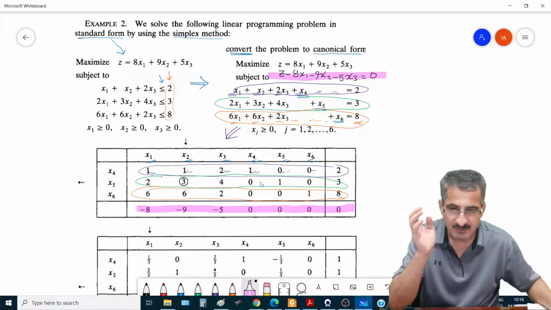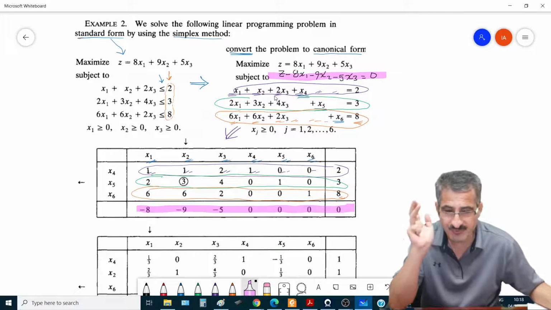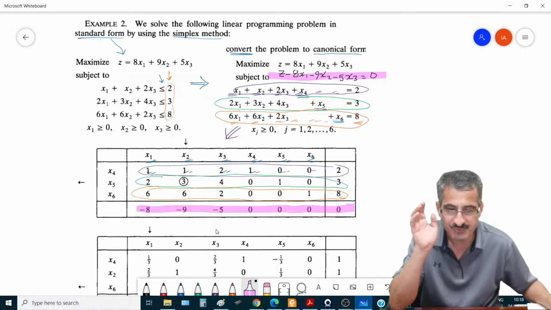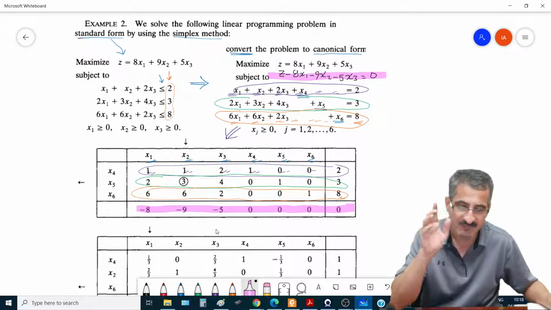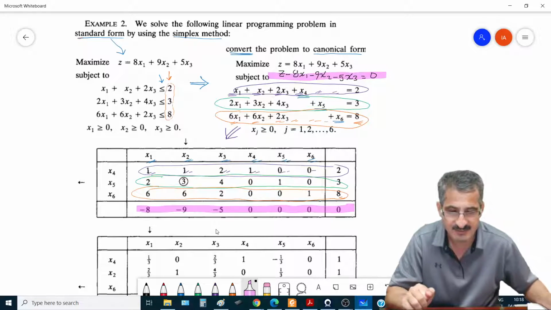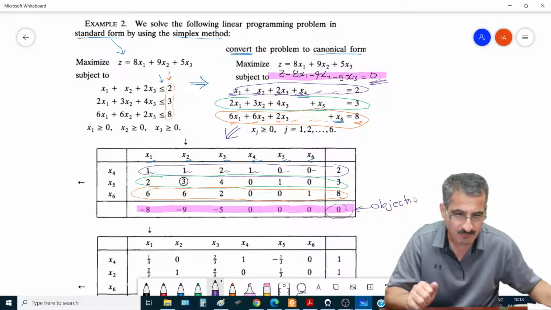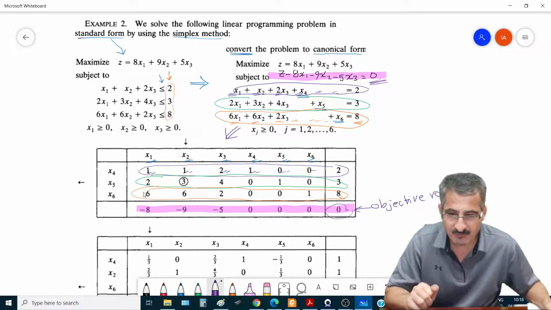So it is negative 8 as coefficient of x1, negative 9 coefficient of x2, negative 5 coefficient of x3, and 0 coefficient of x4, x5, and x6. And we have here equals 0. Okay, so we will call it the objective row.